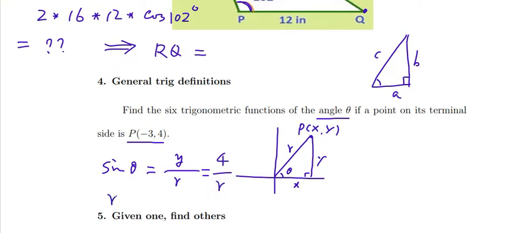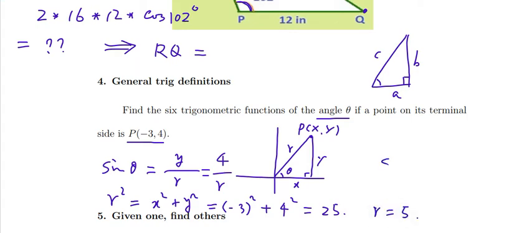We have r squared equals x squared plus y squared. Here x is negative 3, so negative 3 squared plus 4 squared is 25. So r equals 5. So sine theta equals 4 over 5, right?